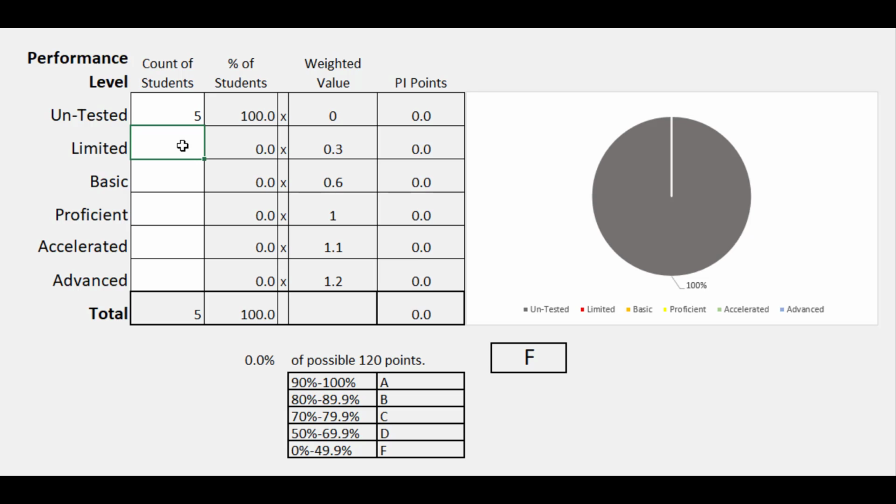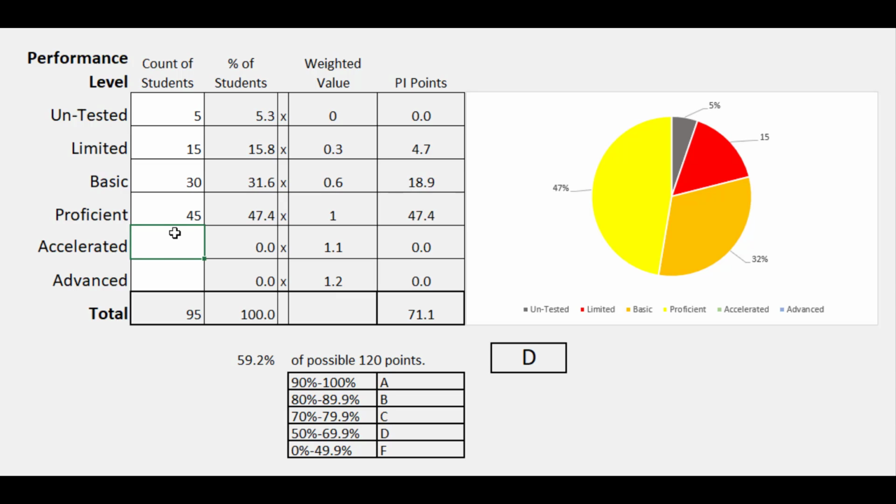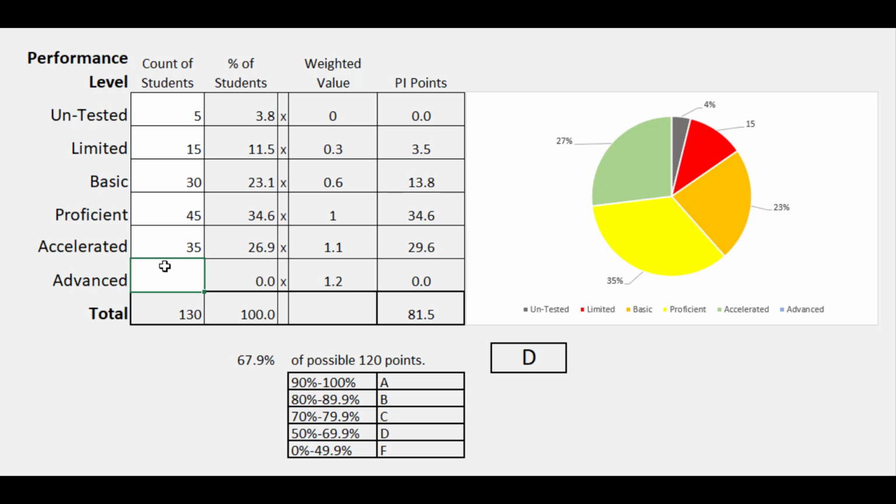At the lowest level, limited, we had 15 students that performed at that level, and those are worth 0.3 points in a weighted points, and basic, we had 30 students performed at the basic level. Those are worth 0.6. Proficient, we had 45 students. Accelerated, we had 35 students scored at the accelerated level on the test.